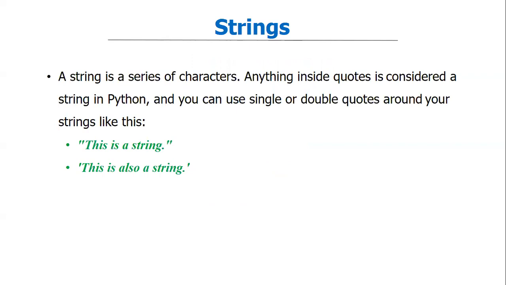But in Python, one thing you have to take note of is that you can use single or double quotes around your strings, like what we have over here. So we have this is a string. It's acceptable in Python. We have it in double quotes, as you are seeing. And this is also a string. We have it in single quotes.